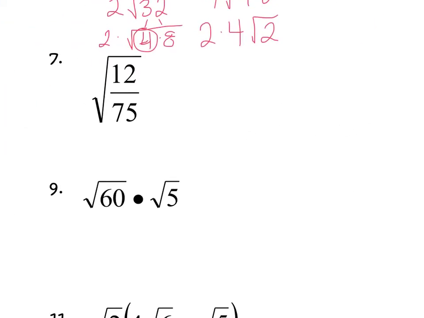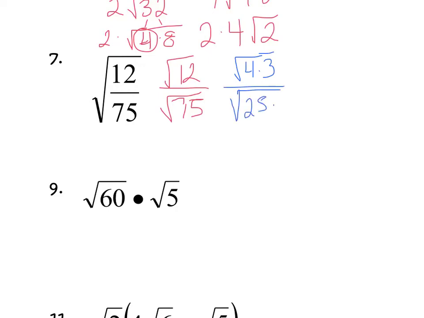Still chugging along. So I know I can't have a fraction in my square root. So I give the square root to both the top and the bottom. Now I need to simplify. So 12 can be divided up into 4 times 3. 75 can be divided up into 25 times 3.